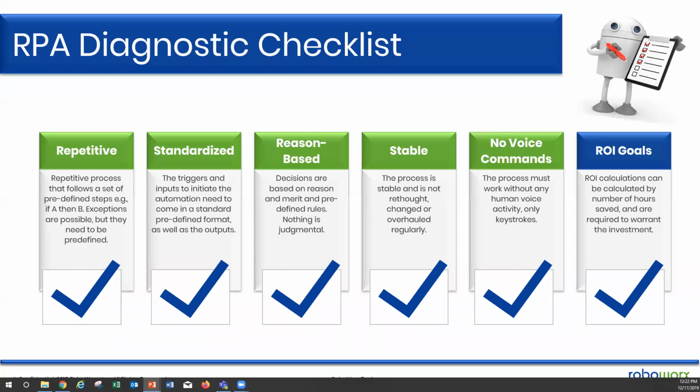And finally, the other thing that's really important to think about when you're choosing which processes to automate is your ROI goals. Some organizations say, hey, I just need a really quick win, right? I just need to get a quick ROI. Other companies, ROI is equally important to them, but they are looking at this program and automation in the long term.